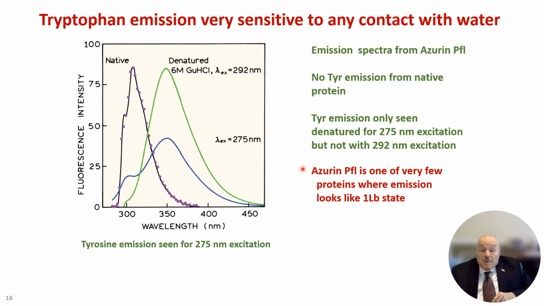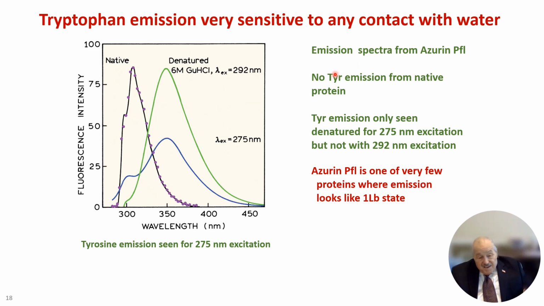Interesting thing about tryptophan is it's extremely sensitive to any contact with water. In order to solve the mystery of why tryptophan had a couple of lifetimes, which we'll describe in the next lecture, there was a search for proteins that only have a single tryptophan residue in them.